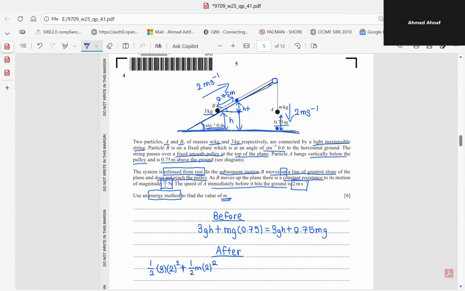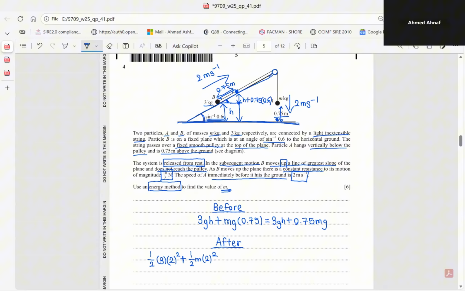For this extra bit, we can use simple trigonometry: 0.75 hypotenuse times the sine of this angle, which is sine inverse of 0.6, so it's just 0.6. So h plus 0.75 times 0.6 is the new height.